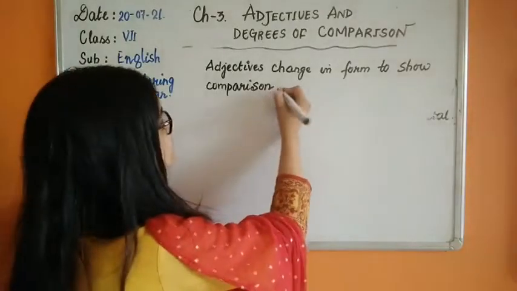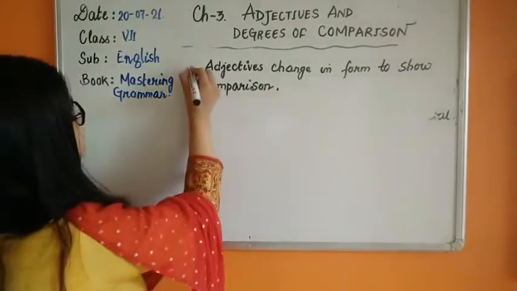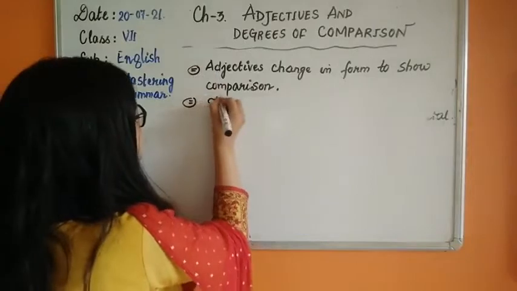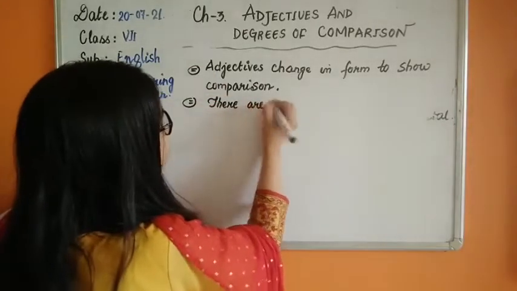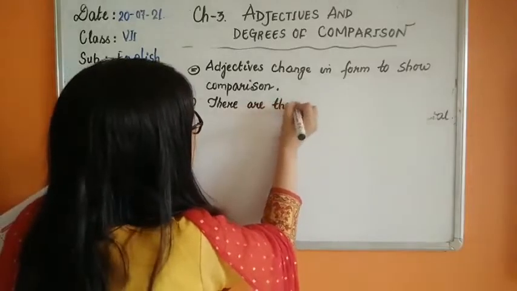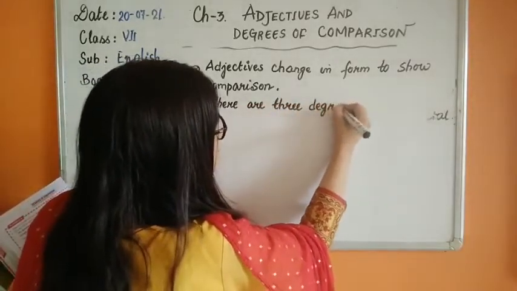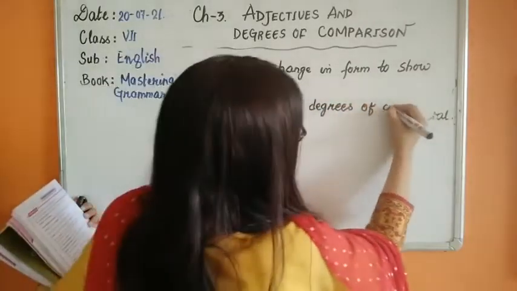That time, children, we call it degrees of comparison. So second point is there are 3 degrees of comparison. There are how many, children? There are 3 degrees of comparison. 3 levels or 3 stages of comparison of adjectives.